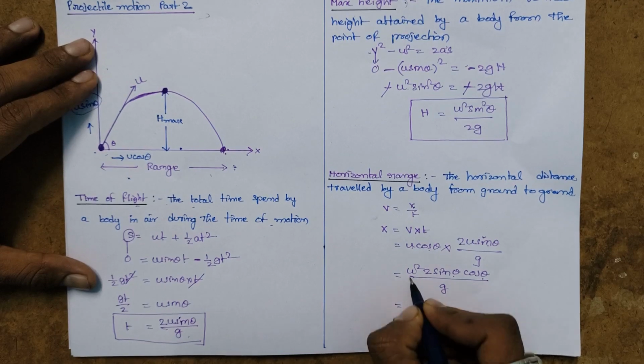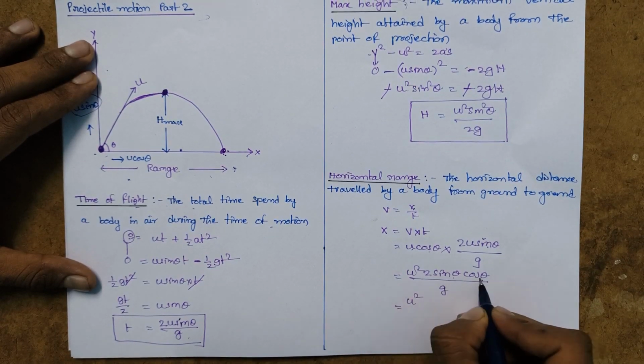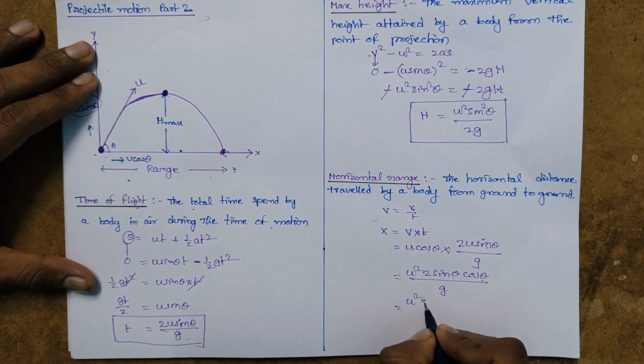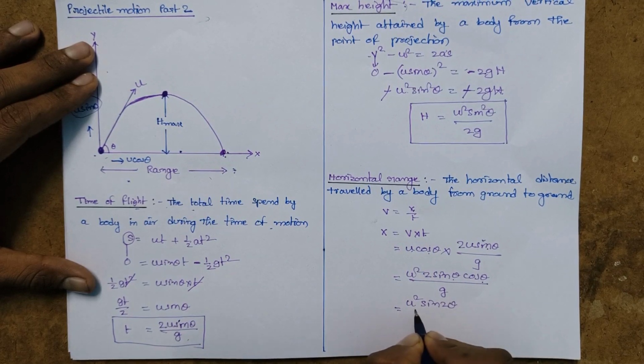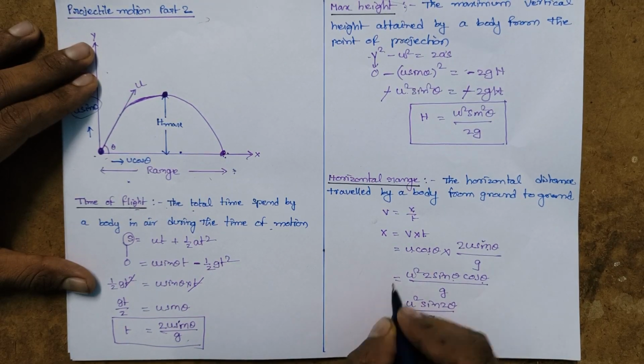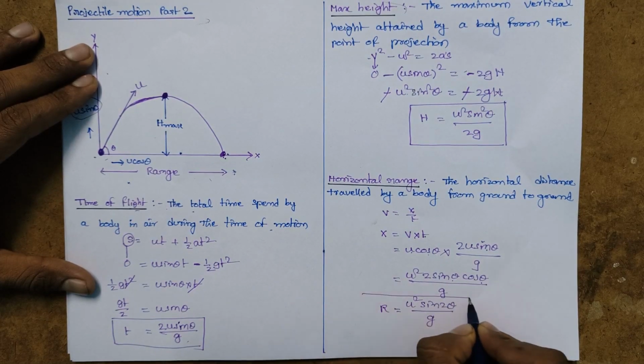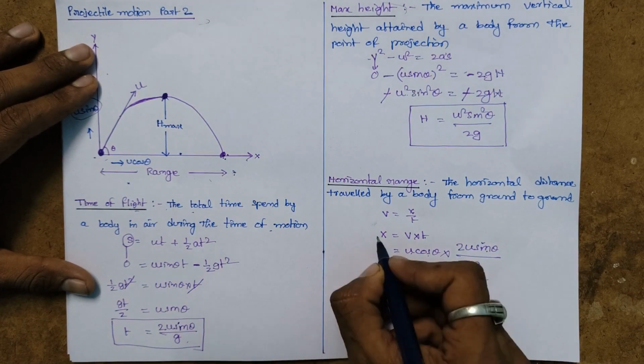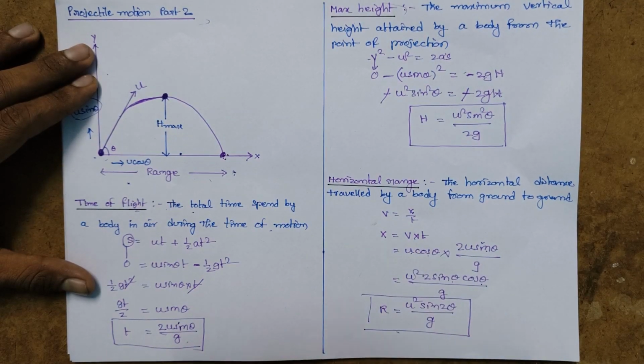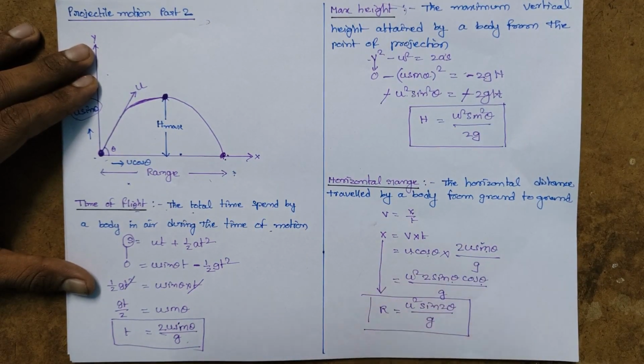Okay, so therefore u square as it is, I am writing 2 sin theta cos theta, whose value is sine 2 theta, by g. So let us assume this x is replaced by r, because range or distance both will be the same.